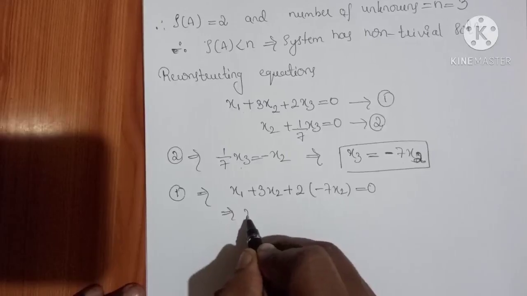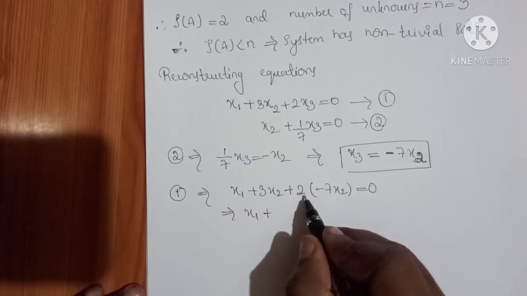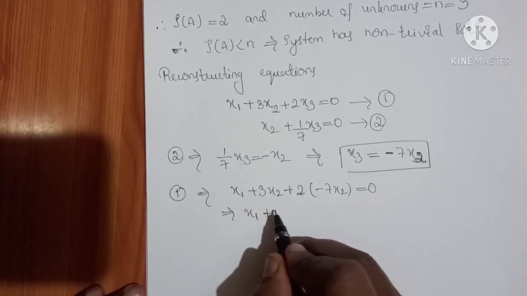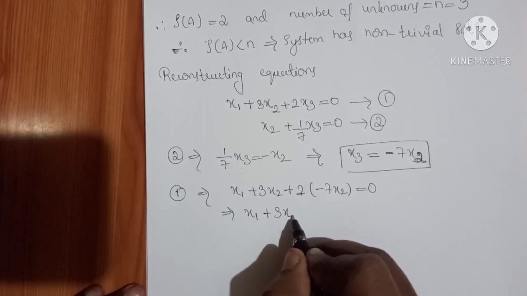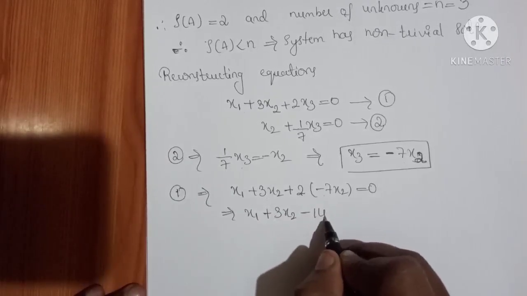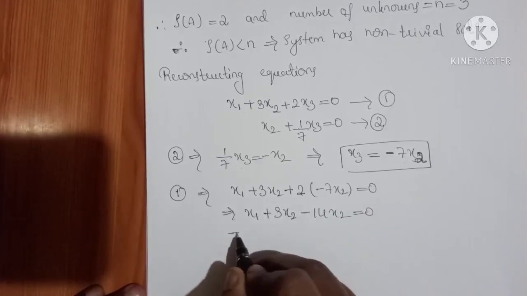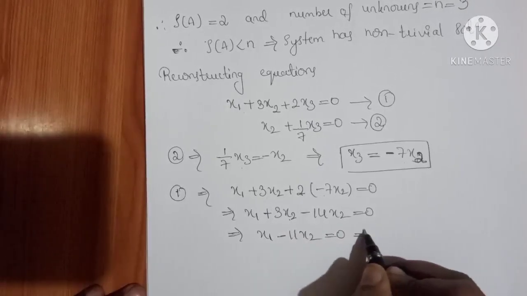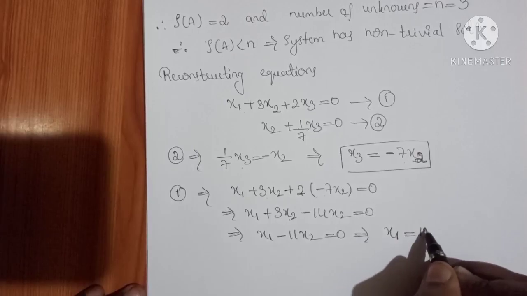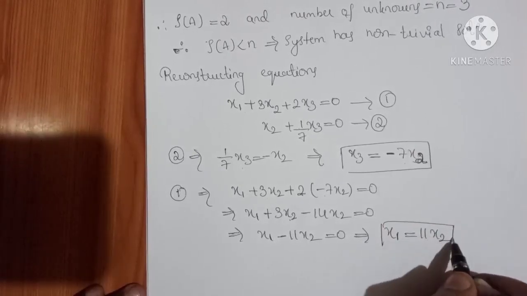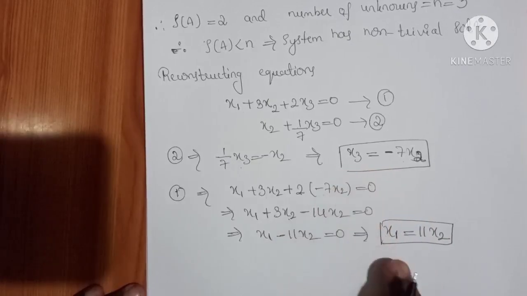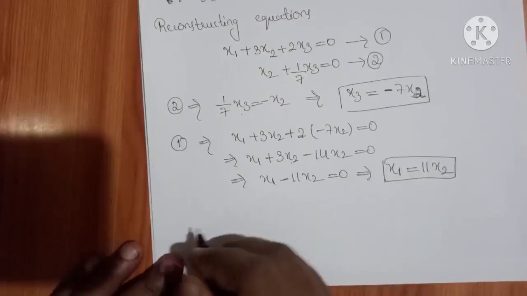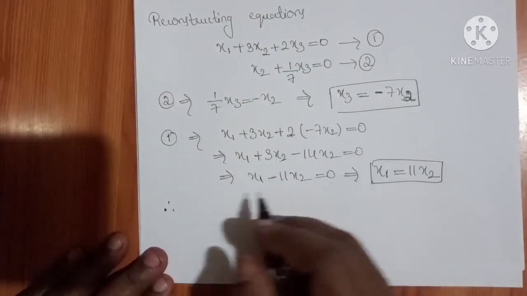Simplifying we get x1 plus 3x2 minus 14x2 equals 0, which implies x1 minus 11x2 equals 0, which implies that x1 equals 11x2. You can observe that I have represented x3 and x1 both in terms of one variable, that is x2.